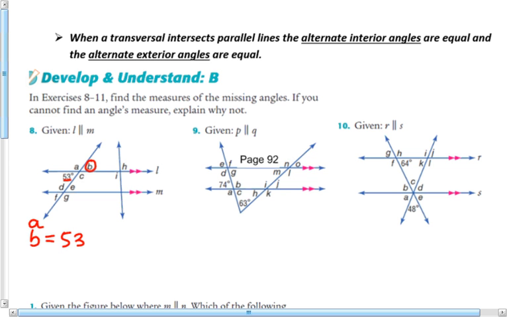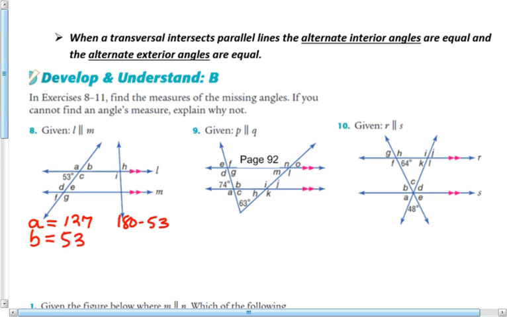A and 53 are a pair of supplementary angles, so we can take 180 minus 53, and that's 127 to get A. I'll write that here in my work. And then C is a vertical angle with A, so C and A are the same.